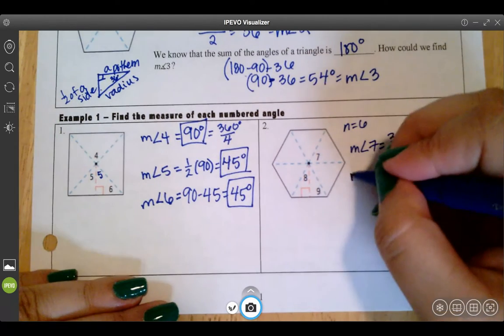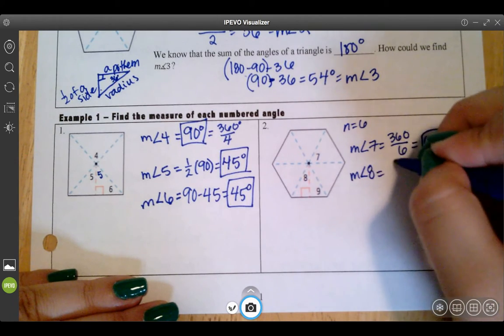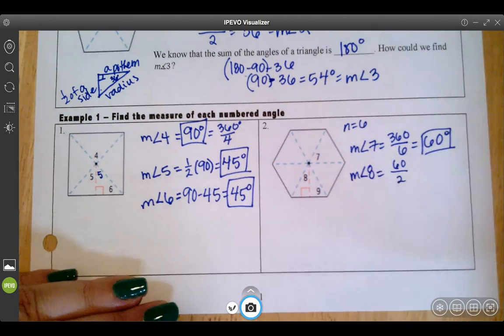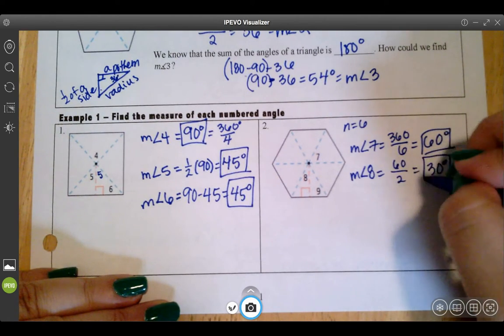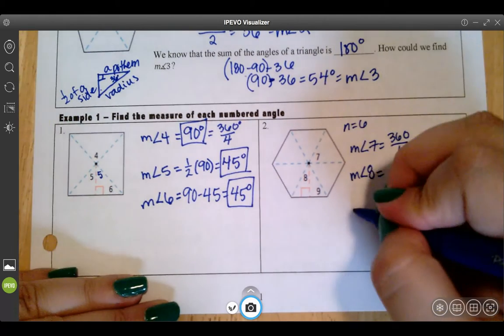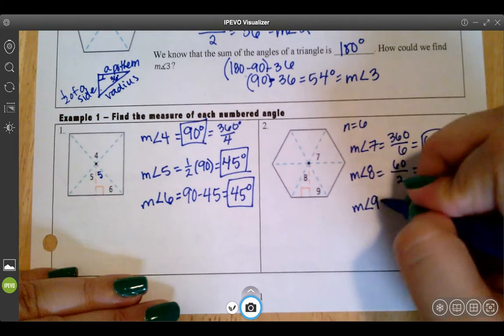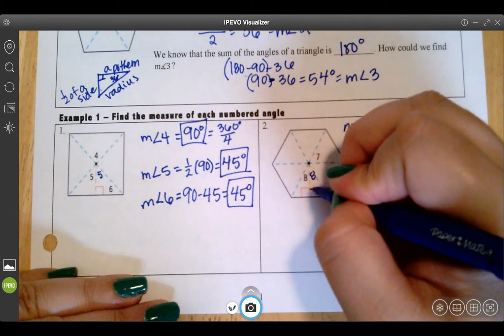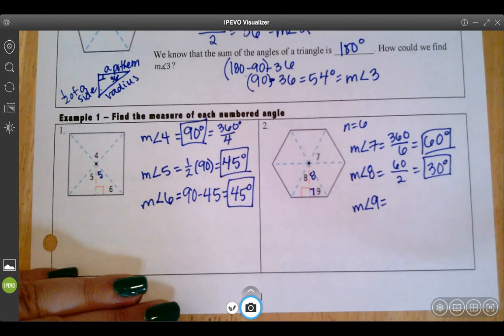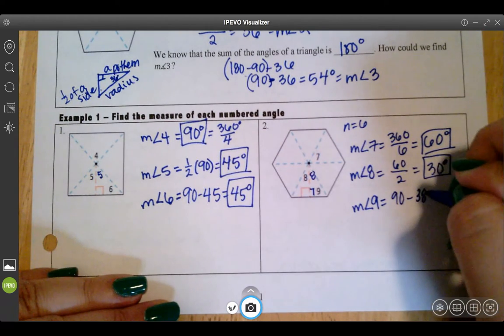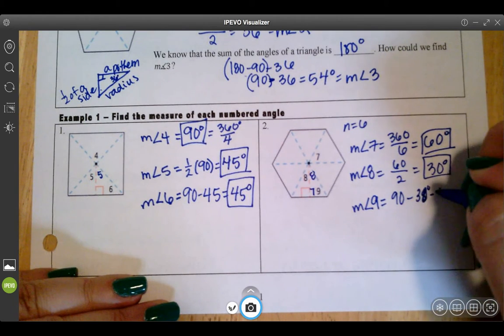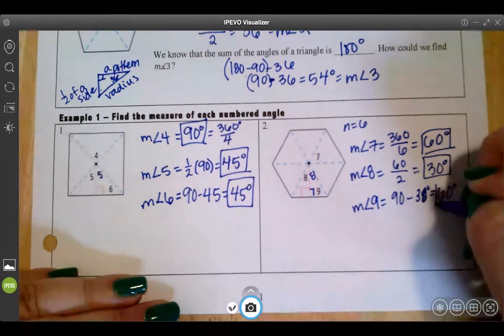To find the measure of angle 8, we take 60 degrees divided by 2, or times 1/2, to get 30 degrees. And to find the measure of angle 9, since this is angle 8 and this is a right triangle, we can do 90 minus angle 8, which is 60 degrees.